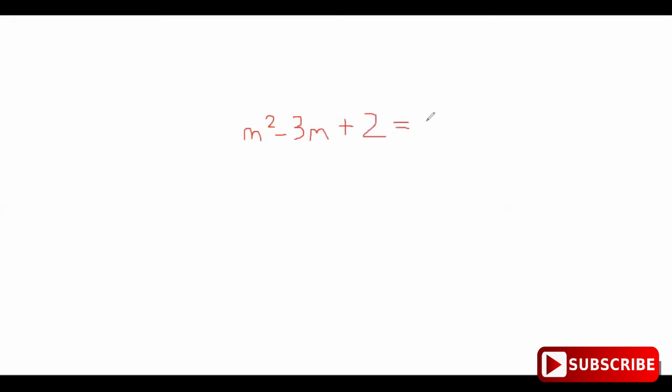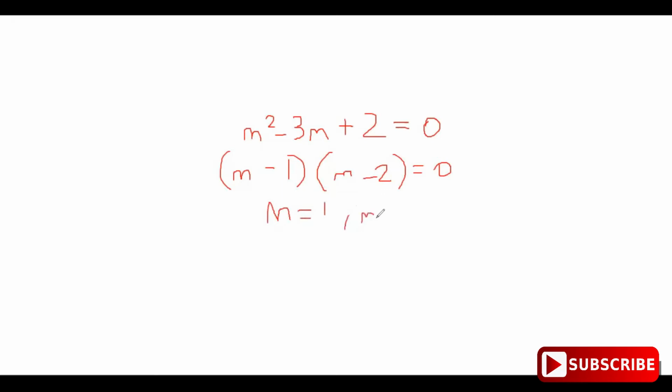And what's the value for m when you solve this? m squared minus 3m plus 2 factors as (m minus 1)(m minus 2). Very good. So m is equal to 1 or m is equal to 2.